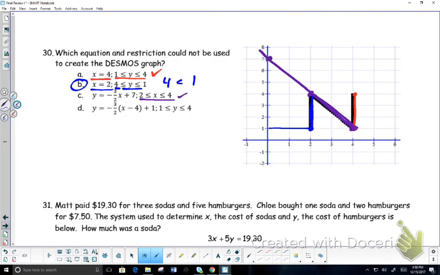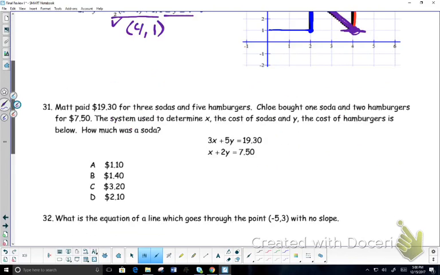And then this one is the exact same line, and you'll notice the point it's going to go through is 4, 1, which is right here, so that works. Then we go from 1, the bottom is 1, and the top is 4, so yes, that one works as well. So therefore, B is our answer, and all we really had to pay attention to was that restriction that was incorrect.